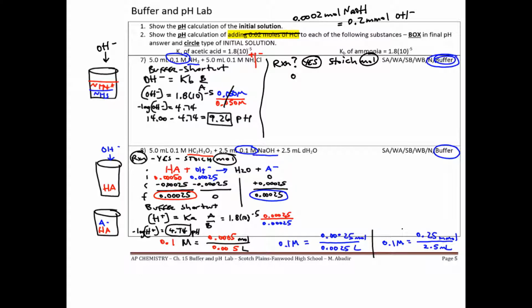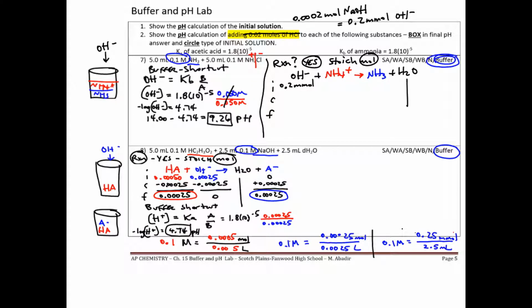So I just added OH minus to my buffer. Since OH is a base, it's going to find the acid part of the buffer, which is the NH4 plus, and it's going to form NH3 plus water. We're not going to worry about the water. We're going to do an ICF chart. I added 0.2 millimoles of this.